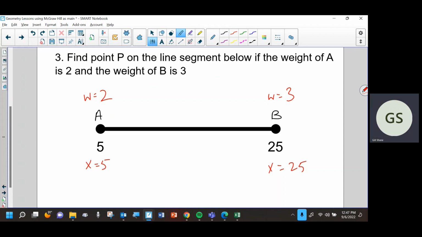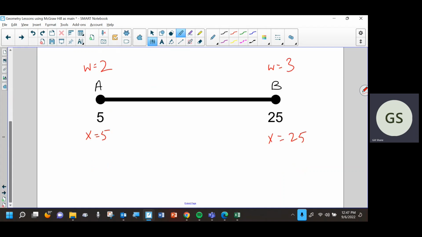All right, so once we label that, if you sort of remember the formula, it's kind of hard to make a mistake and put anything in the wrong spot. We just said, all right, the formula says to multiply the weight times the X, 2 times 5. Go ahead and try to do it now that I've done that. I'll give you another minute if you didn't get this far.